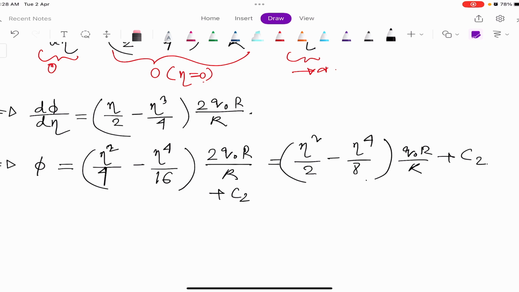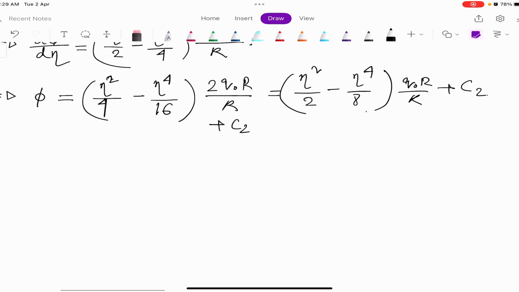Now we have another condition: φ is not a function of z, so dφ/dz is equal to 0.